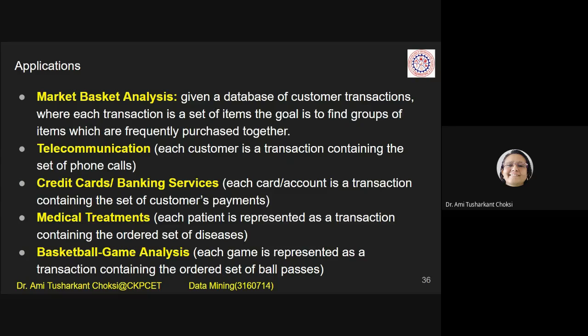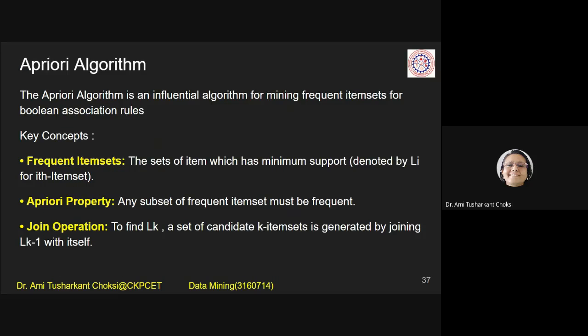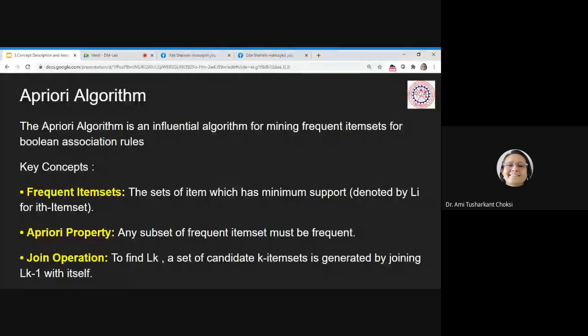Because it is many times found in the transactions of customers, that is the patients in their records. Fine. Basketball game analysis. Each game is represented as a transaction containing the ordered set of ball passes. Fine. This also you can understand very easily. Now, that's all for today.